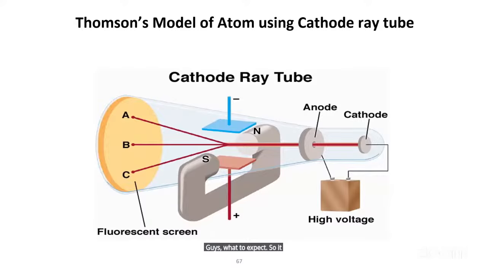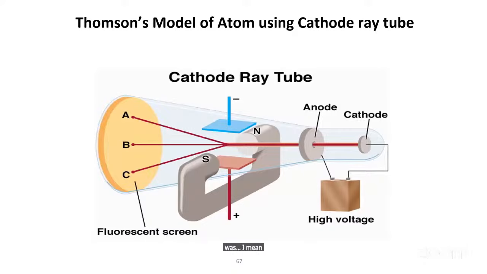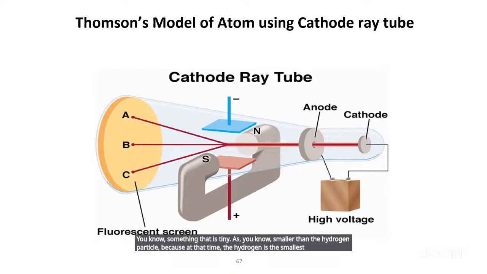So it was a negative charge in the presence of a magnet, because of the direction of the magnet. Now, J.J. Thomson concluded that this ray is made up of particles that are tiny, smaller than the hydrogen particle, because at that time hydrogen was the smallest particle.